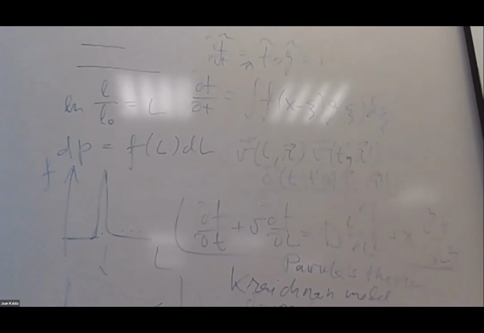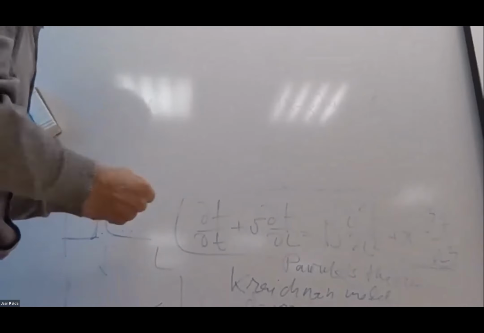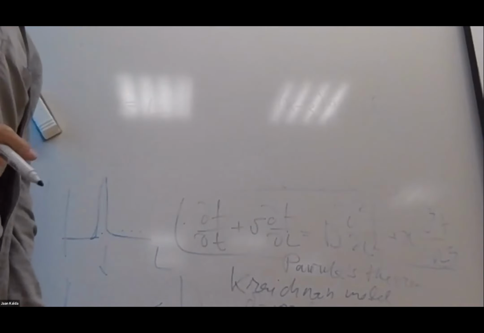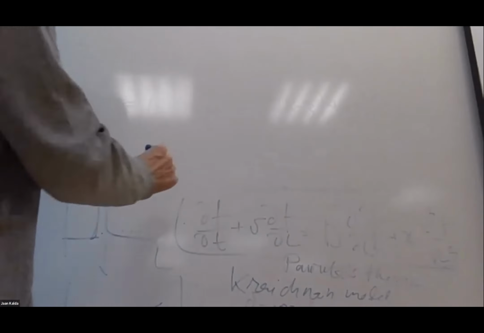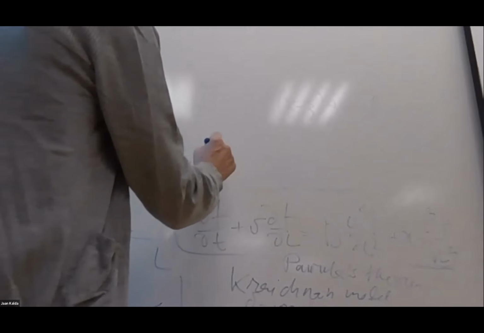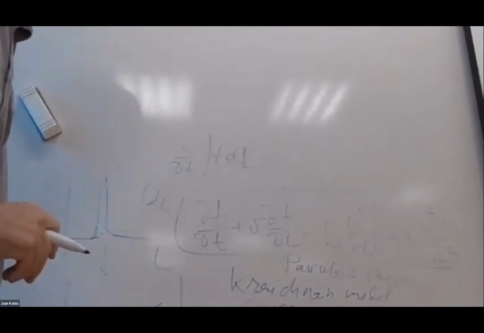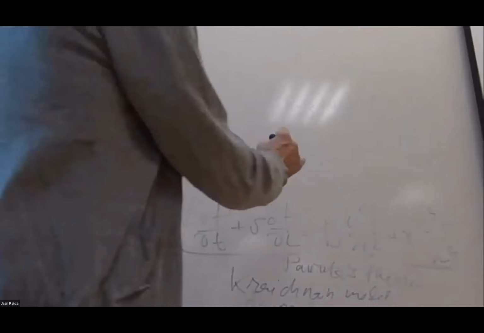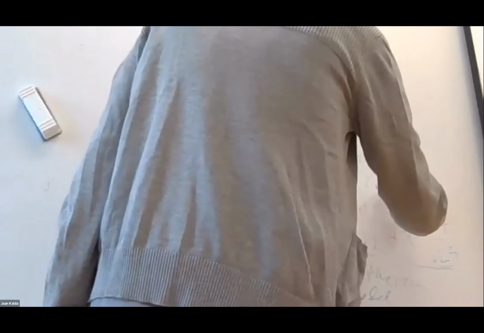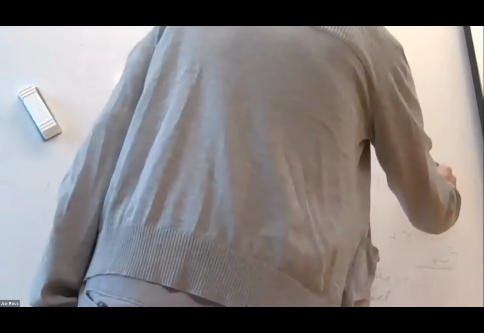Let's take this equation and integrate the left and right hand sides over L. What we obtain is that d over dt of the integral of f dl equals the integral of minus d f over dl plus d square f over dl square, and so on, all dl.